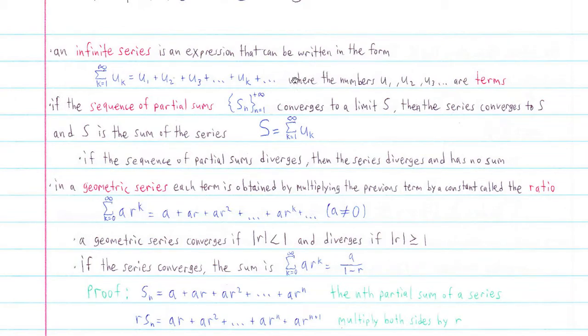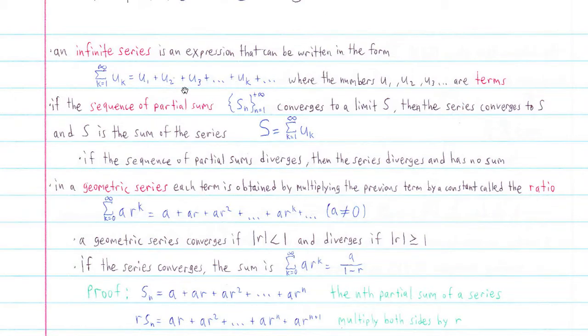In an infinite series, we want to find out if we add up an infinite number of terms, will they add up to a finite sum? So an infinite series converges if it adds up to a finite sum, and diverges if it doesn't converge to a finite sum. It just adds up to infinity.